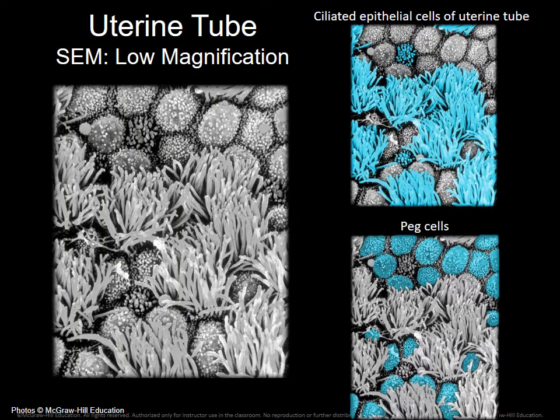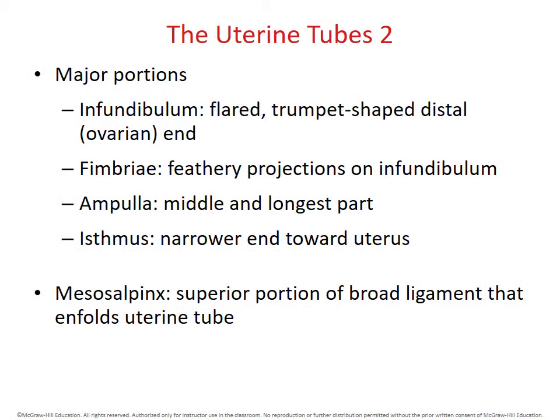And here we see an electron micrograph of the columnar cells with their cilia that line the uterine tube. As we said, the uterine tube has fimbriae, little finger-like projections at the tip that help gather up the ovulated oocyte.